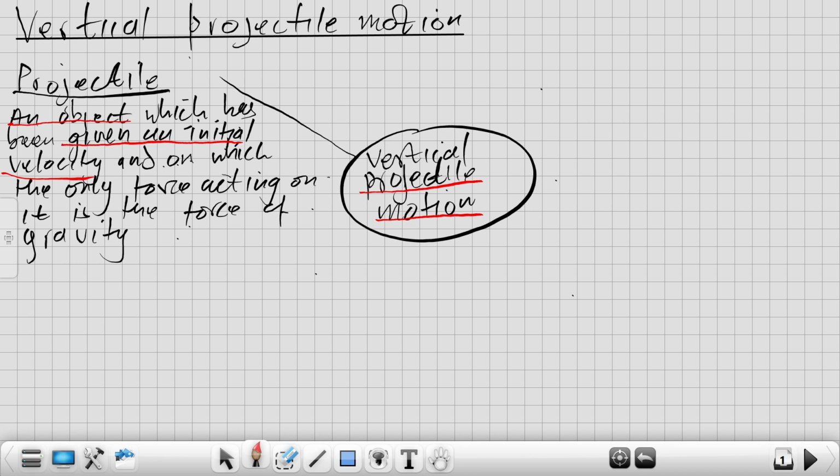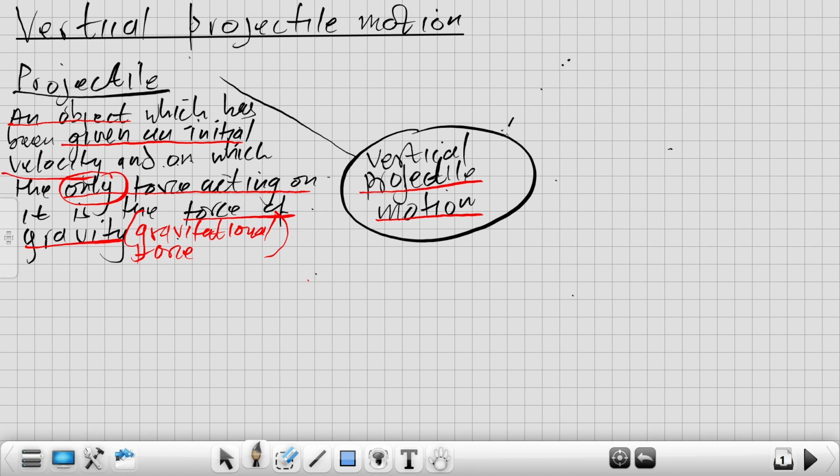And the only force acting on it is the force of gravity, or we can further say gravitational force. So one force must be acting on this particular object, and that force must be gravitational force, or gravity. If we have any other forces acting on this object, it will not qualify to become a projectile.